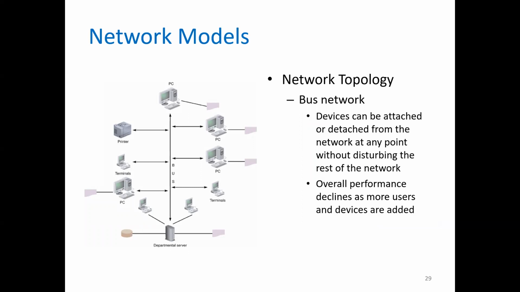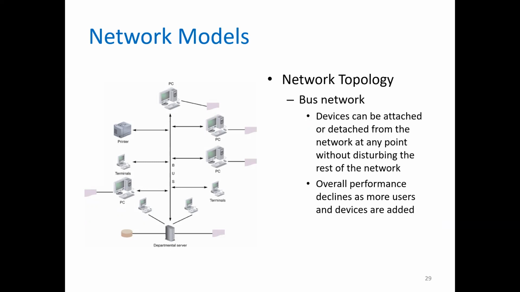Bus network. Bus topology, also known as line topology, is a type of network topology in which all devices in the network are connected by a central RJ45 network cable or coaxial cable. The single cable where all data is transmitted between devices is referred to as the bus.